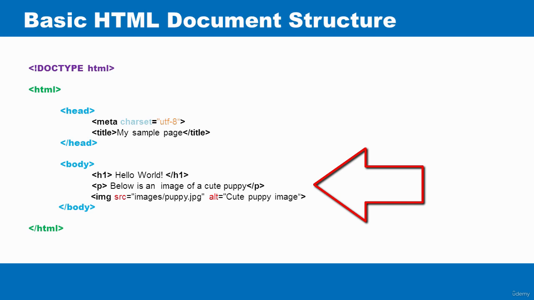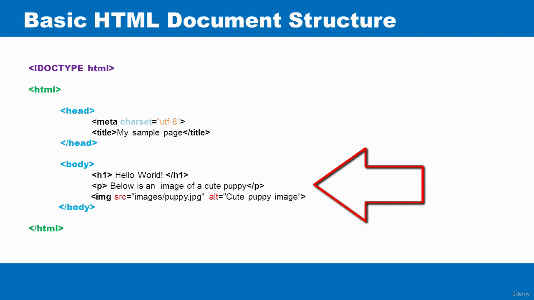Next, we've got the IMG, which is an image tag. If you want to add images to your web page, you use the IMG tag. The IMG is what is known as a self-closing tag. It doesn't have a closing tag.